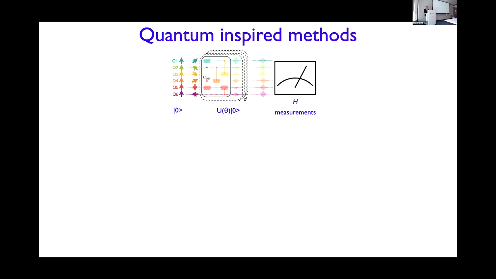But there is another idea one can use, so-called quantum-inspired methods. Quantum-inspired methods are methods where you take ideas from quantum computing and bring them back to classical computing, okay?